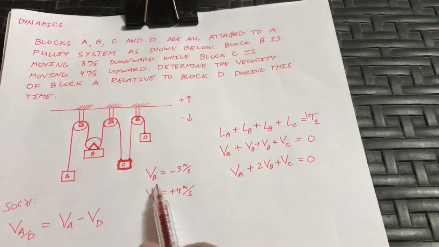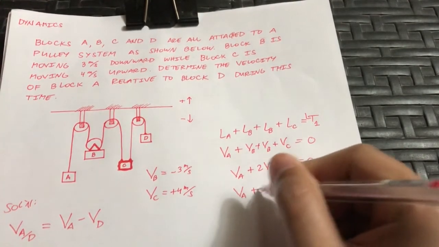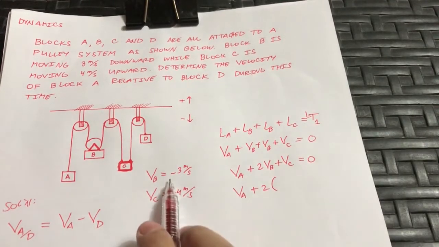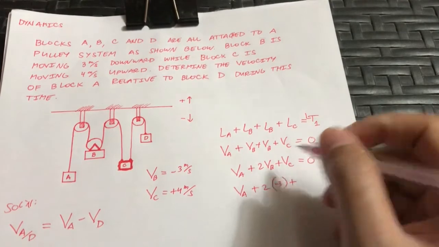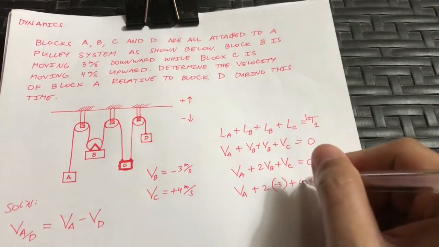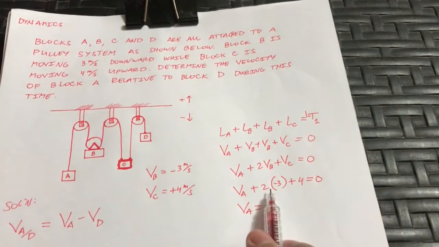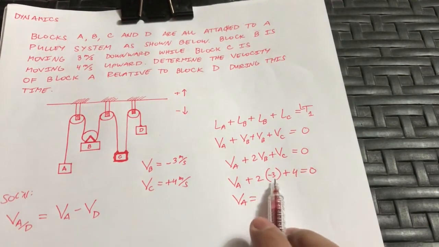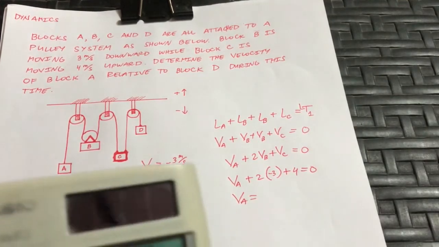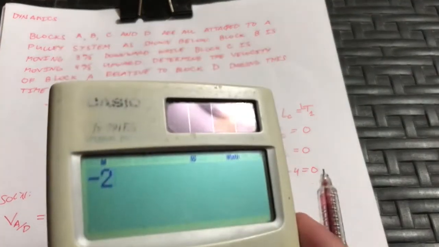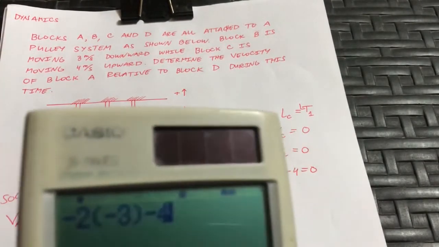Now we have values for VB and VC. By substitution, we have VA plus 2 times VB, where VB is negative 3 since we assume going downward is negative, plus VC, which is 4, equals 0. So VA equals negative 2 times negative 3 minus 4.